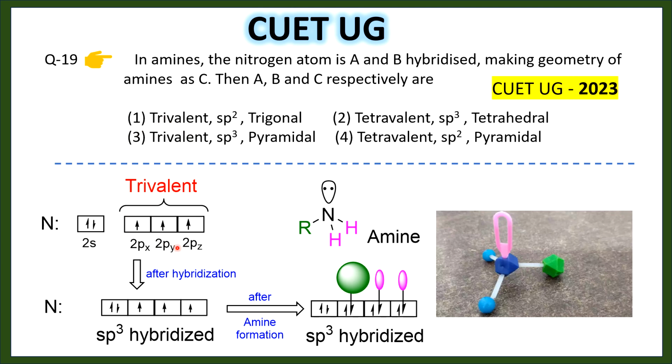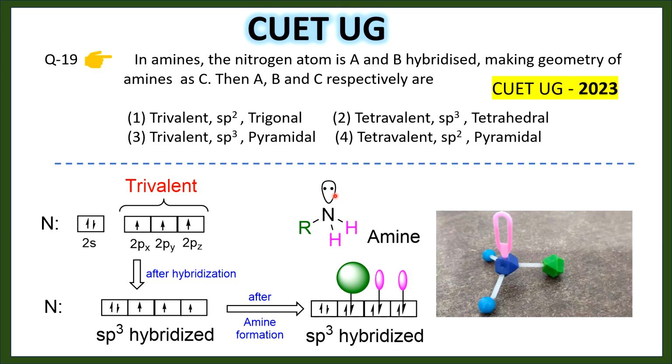After hybridization, with 3 p and s hybridized, it will be sp3 hybridized, where one non-bonding electron pair remains as a lone pair, and the other 3 unpaired electrons bond with 3 other groups. Two are with hydrogen, one is with an alkyl group or another atom. So it is sp3 hybridized.